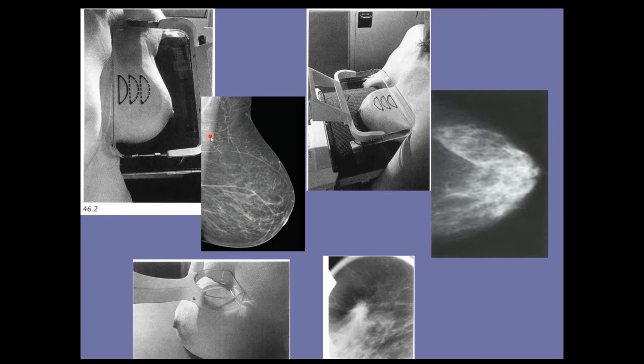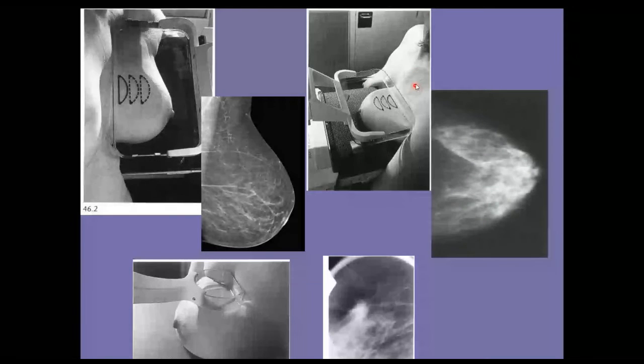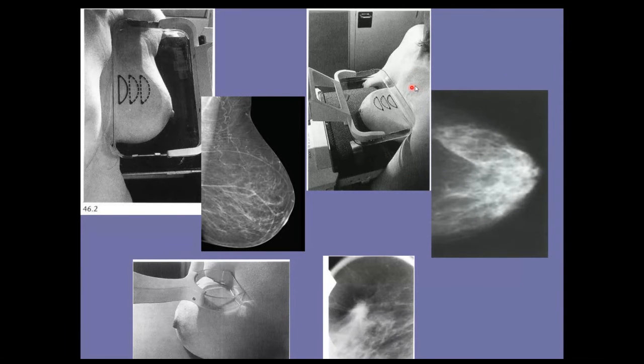So this is a mediolateral oblique view. How can we recognize it? When we are giving compression laterally, we can compress the pectoralis major muscle. But in craniocaudal view, we cannot compress the pectoralis major muscle. That's why whenever we see pectoralis, this is the pectoralis major muscle.